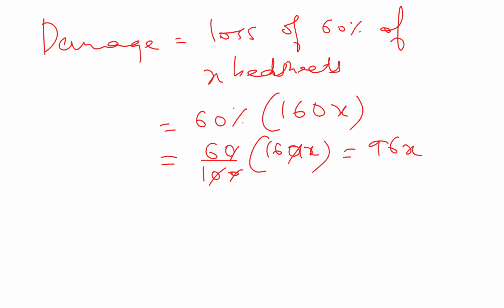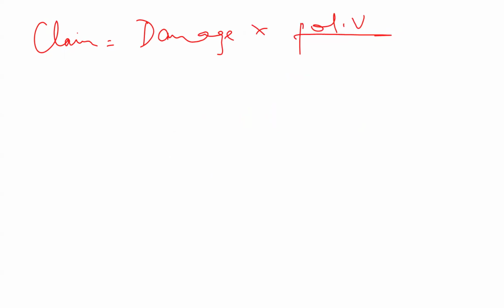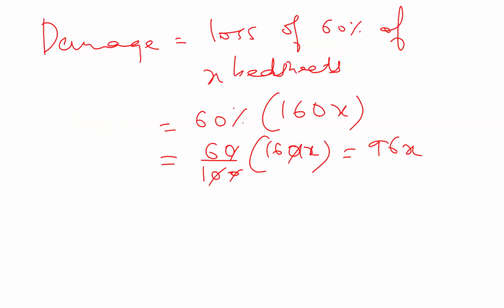Now we are going to find the claim. Amount recovered against damage is nothing but claim. So we'll write the claim formula. Claim is equal to damage into policy value upon property value. So claim is 32,000. Damage is what we calculated, that is 96x.